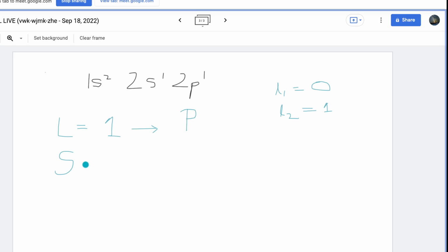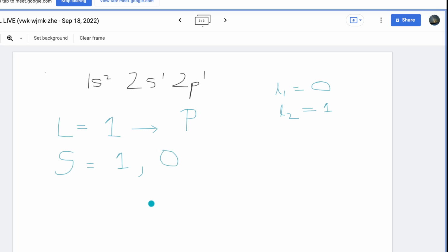And for the capital S value, this is interesting because it has combinations. I can either consider that both of the two electrons are in up spin, so it will give me S1 plus S2 equal to 1. Okay, and if one of them is in different spin, it will give me capital S as S1 plus S2, that is plus half minus half, that is 0.